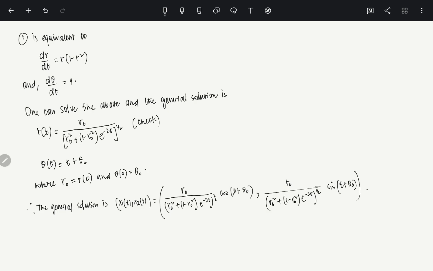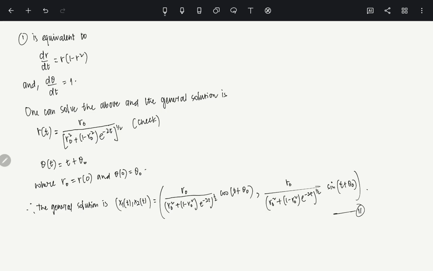Now you see this trajectory. If you look at this trajectory carefully, so let's just call it 2. See, 2 is basically a curve, right?